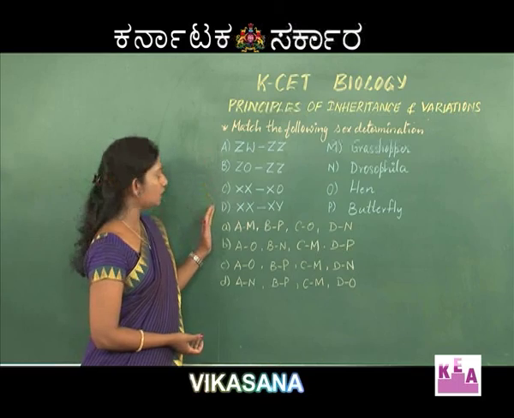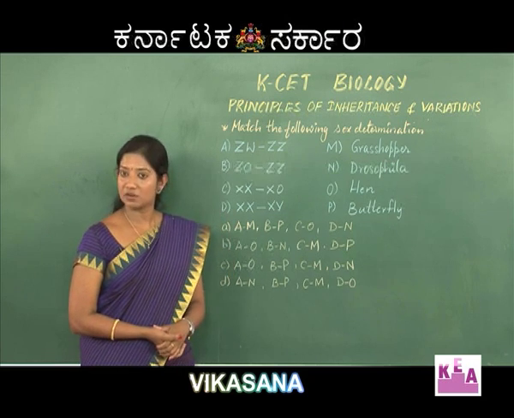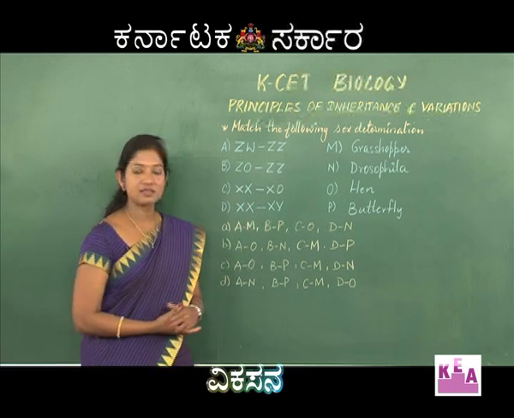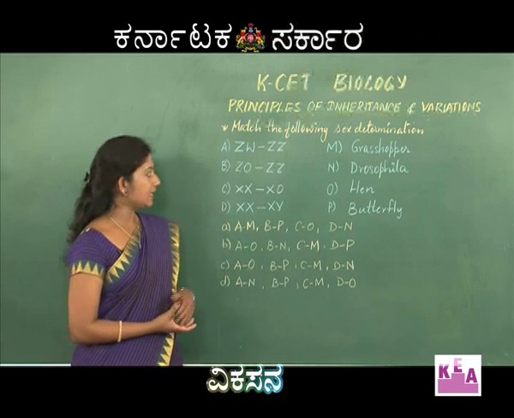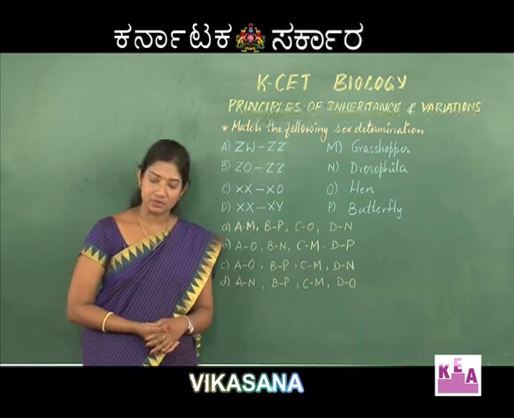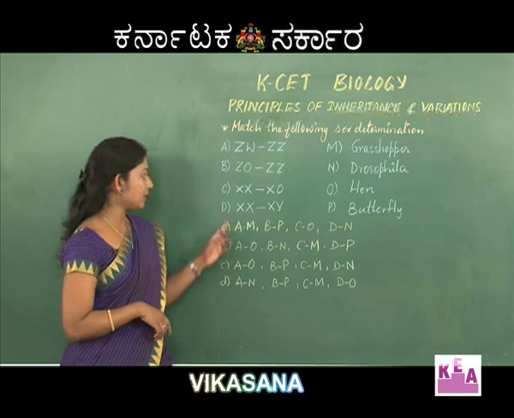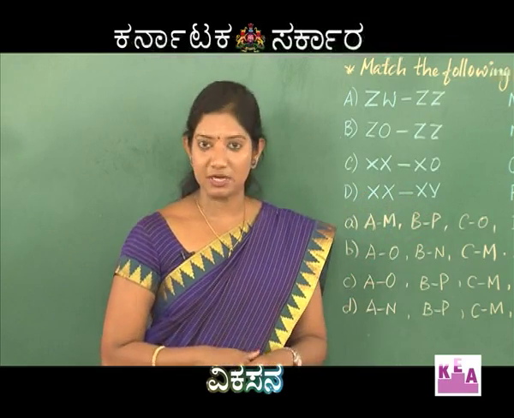In the first column there are 4 different types of sex determination, and on the other side some examples are given. So before matching, let us see how the different types of sex determination actually happen. Let me start with the last one, XX XY sex determination.